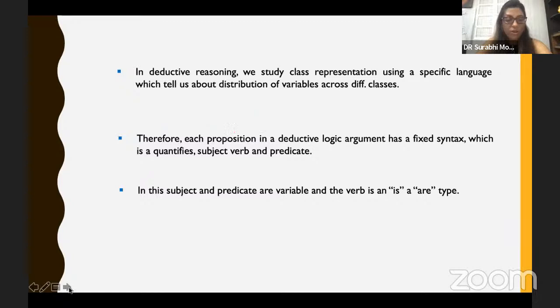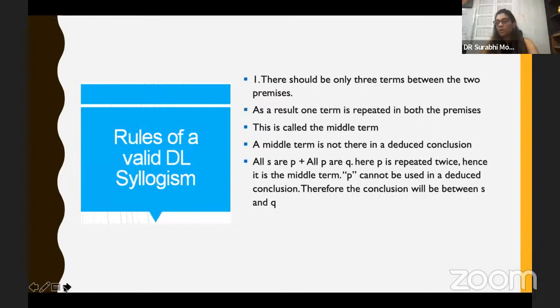Have you written down these three rules? So these were the rules that I am talking about.